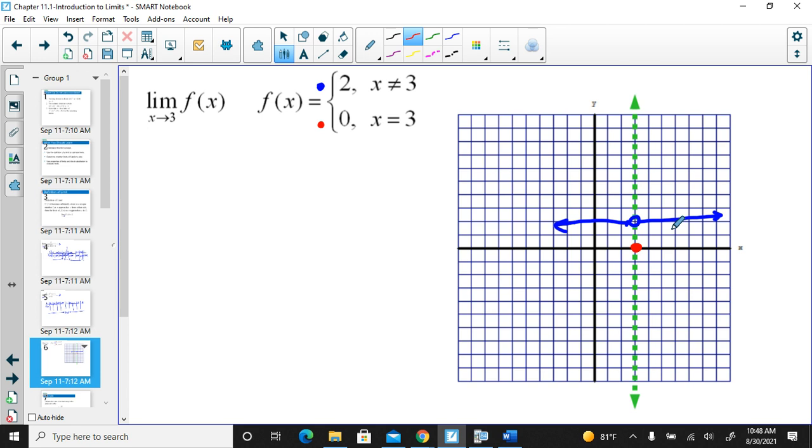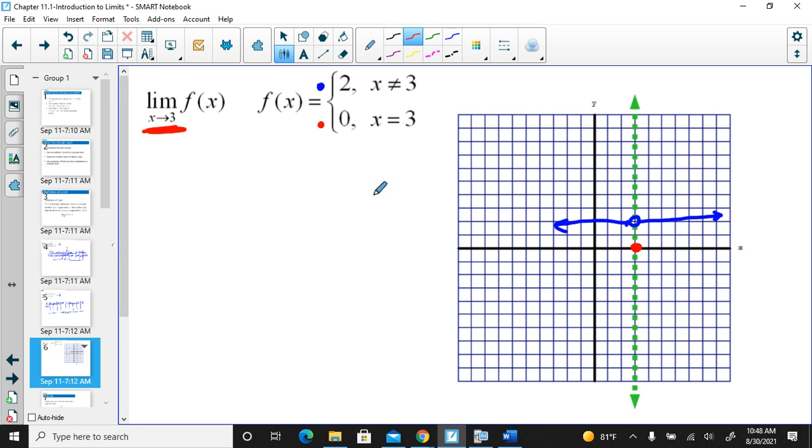Now remember, the key thing about a limit is it says as x approaches some c, in this case 3, as x approaches 3, but we never ever get there. That's the key thing to remember here.